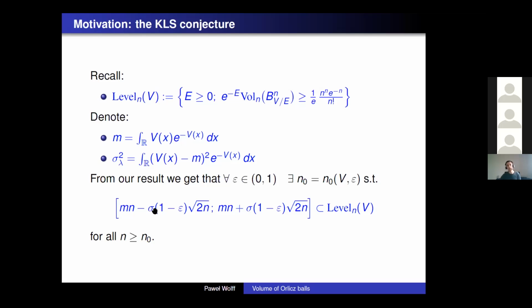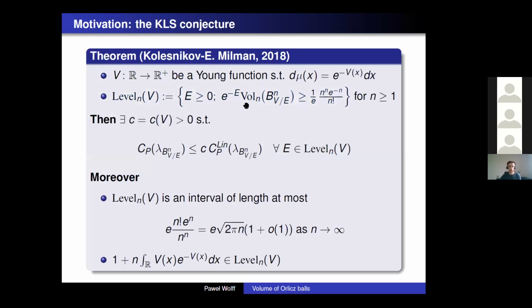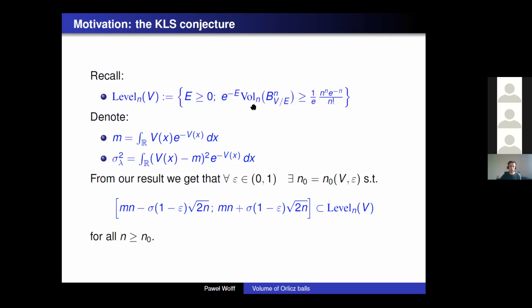So actually we can show, using our estimate on the volume of the Orlicz ball, that this whole interval around the mean multiplied by the dimension, plus a window of the size roughly square root of n, is in this interval.